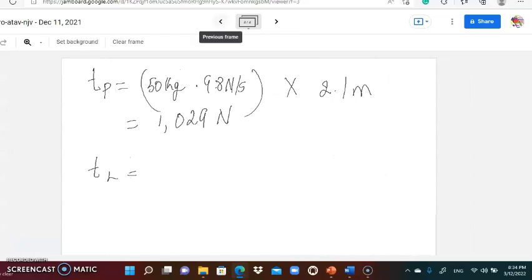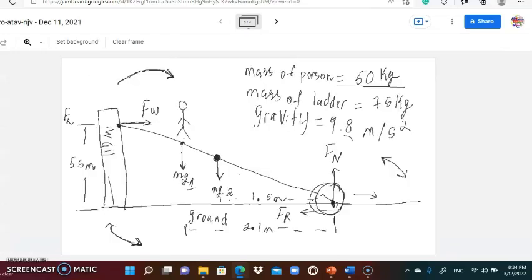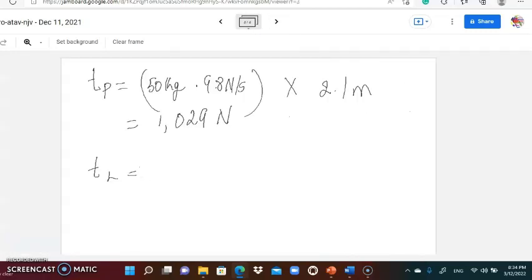due to gravity. And that is going to be the mass times gravity, which is 75 kilograms times 9.8 meters per second squared.